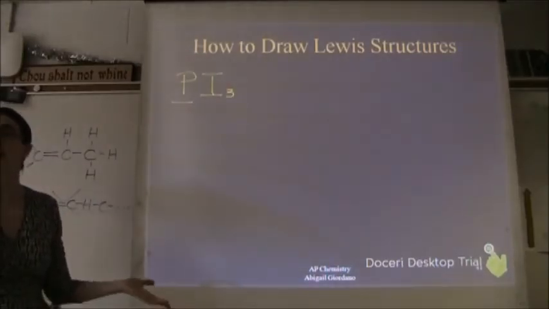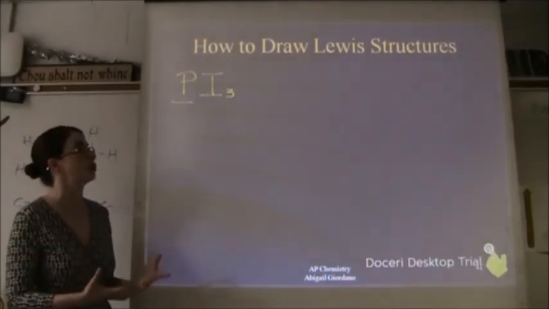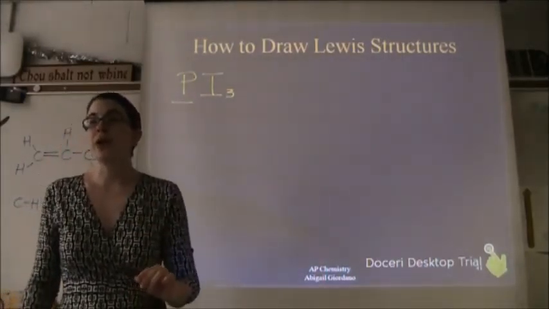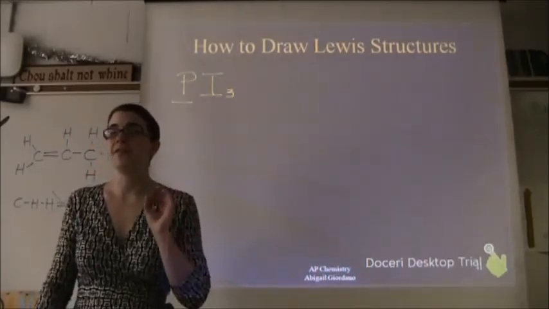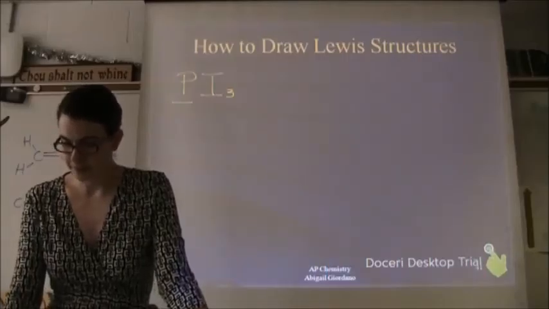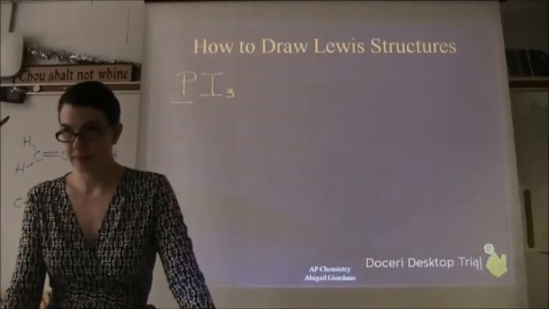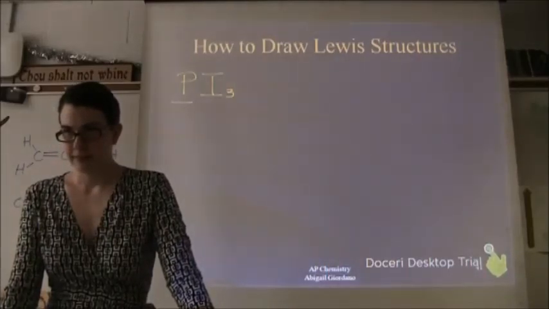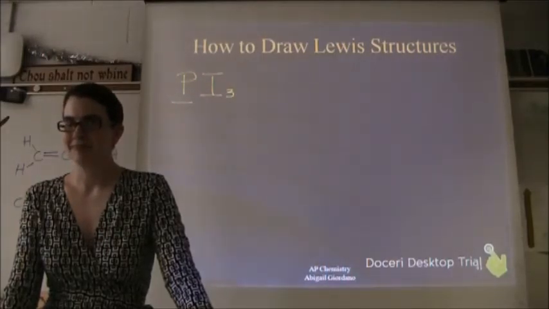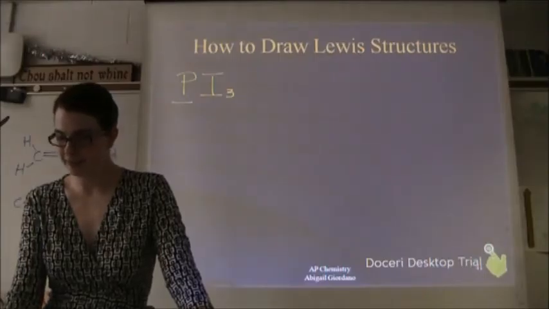Okay, let's tally up electrons. Let's see how many electrons we're dealing with here. Use your periodic table. Please tell me, phosphorus has how many valence electrons? Come on. How many? 5. Thank you.